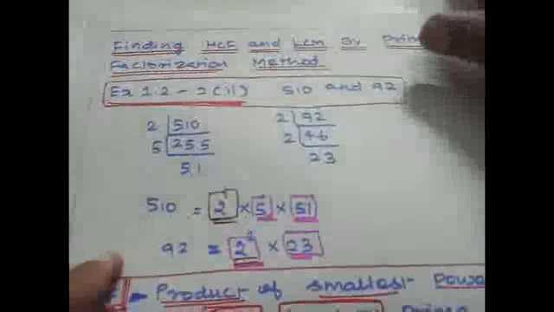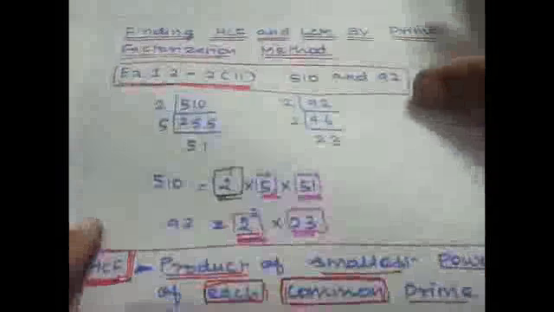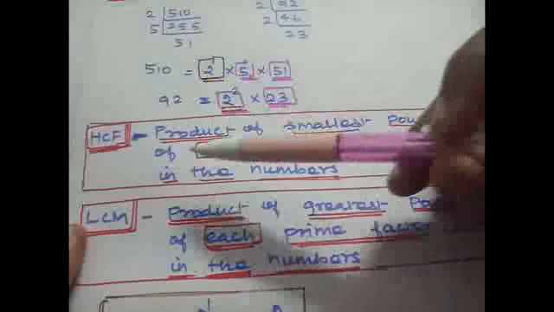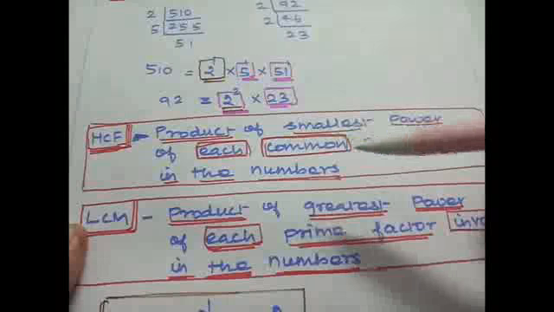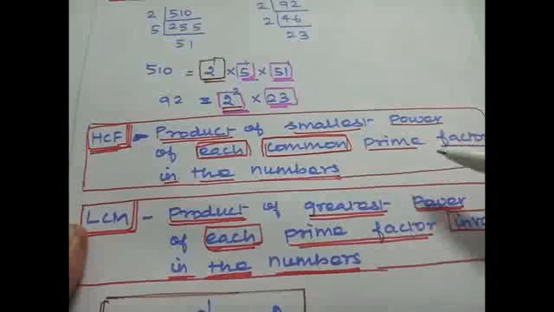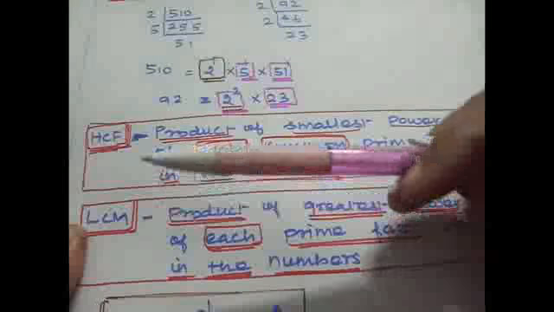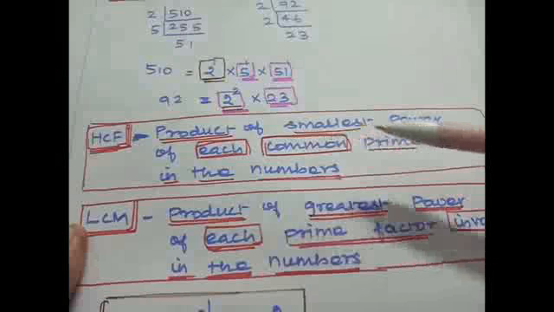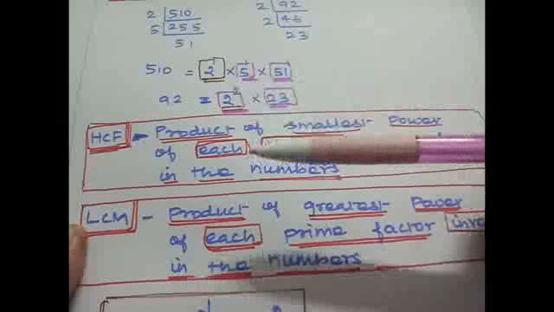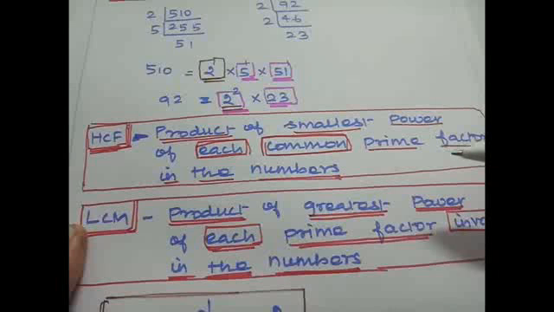For this, the very important one is the HCF formula. HCF is the product of the smallest power of each common prime factor in the numbers. HCF means product of smallest power, that is, the smallest power of each common prime factor.